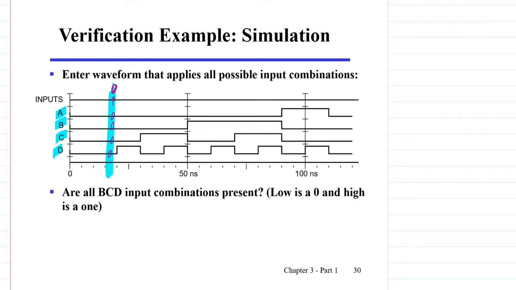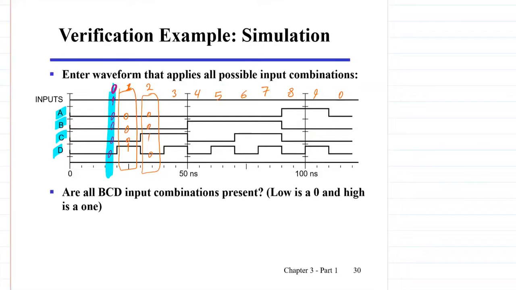Then in the next part, we have 0, 0, 0, 1, which is decimal 1. Then later here we have 0, 0, 1, 0. So we have decimal 2, decimal 3, 4, 5, 6, 7, 8, 9, and then back to 0.